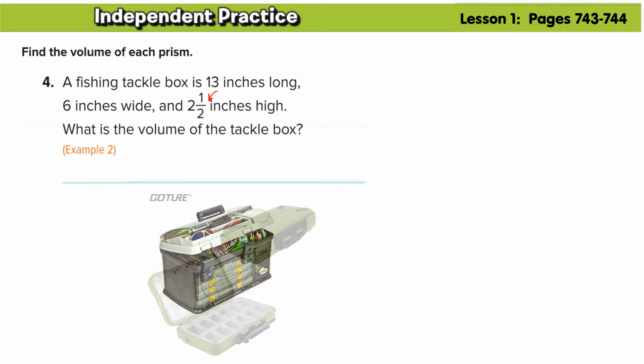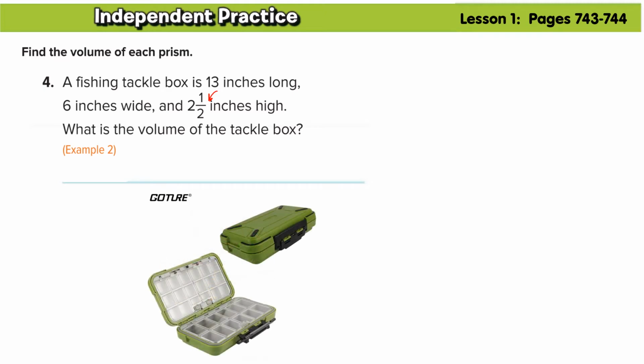And this tackle box would be more fitting for our description, because as you can see, this would be probably 2.5 inches there. So that would be a height of 2.5 inches. And then this would be a width of 6 inches wide, and then 13 inches long.